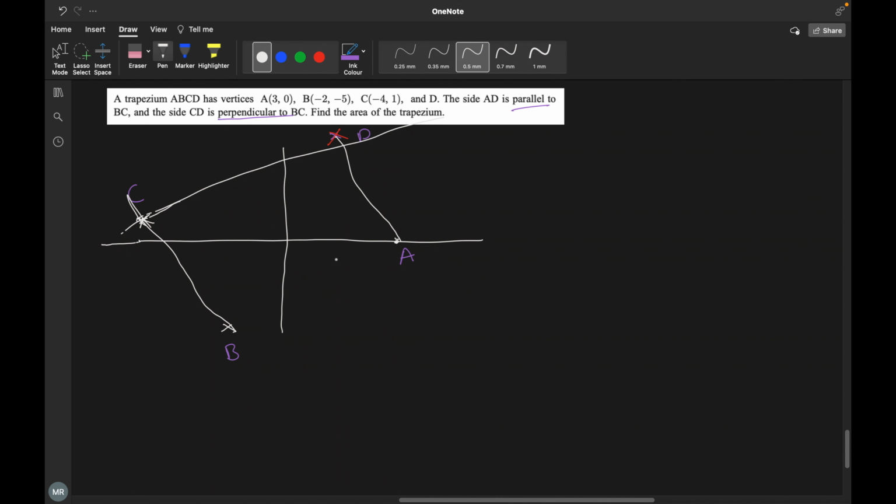So let's do that. So we have the coordinates of B and C. So it's pretty simple. So it will be the gradient of BC.